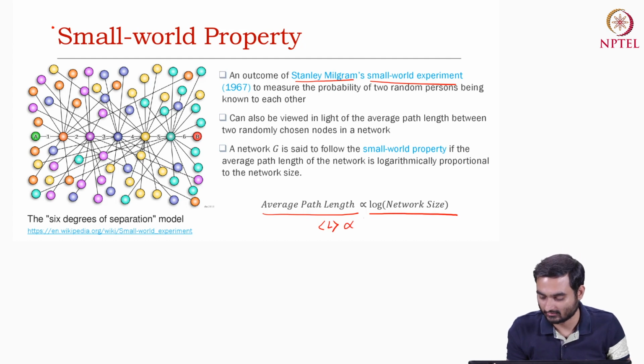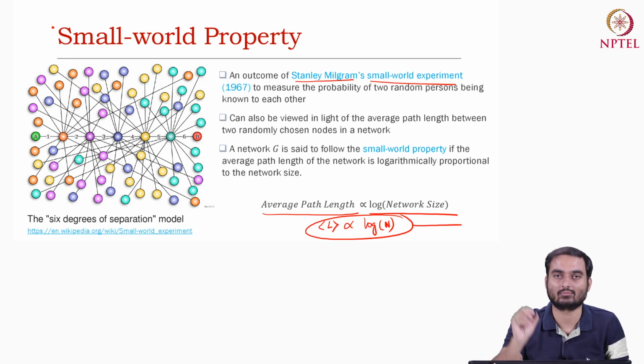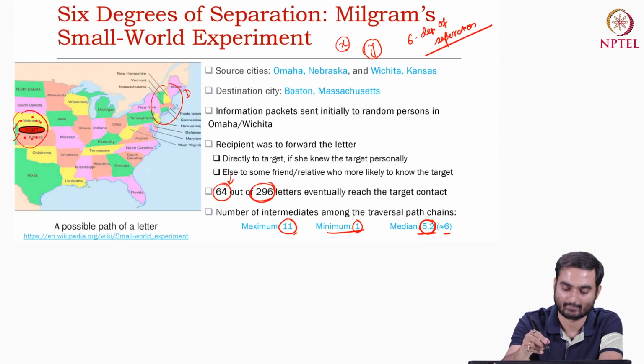It is proportional to log n, where n is the number of nodes in the network. So if you prove that your synthetic network follows this kind of property, you can say that one property is now ticked. At least with respect to one property of real world networks, your synthetic network behaves quite similarly.